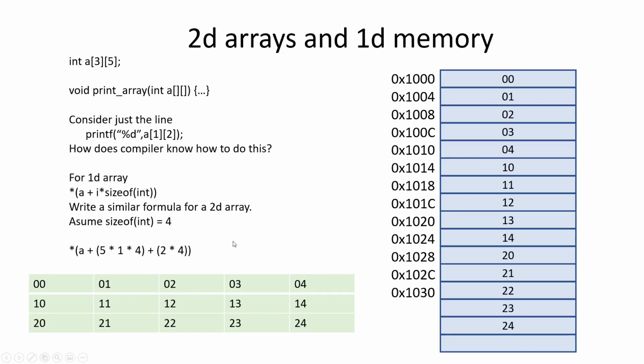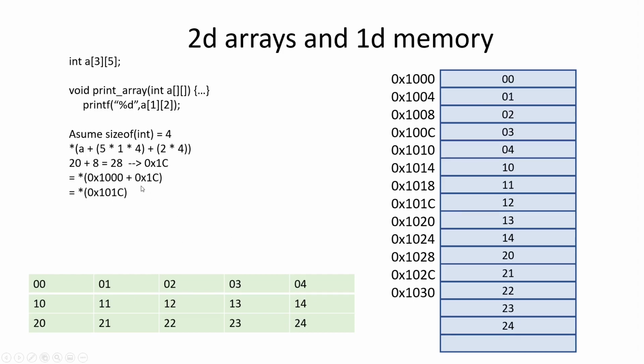And then again, these are each 4 bytes. So, all right, just to work this out to get the address in hexadecimal, I'm going to have a plus, here I just copied the formula again, I moved it up a little bit. The 5 times 1 times 4 is 20, and then the 2 times 4 is 8, so that's 28 in decimal. If we convert that to hex, we get 1C. Just a quick review, I would take my 28, divide by 16, and that's where I'm going to get the 1 from.